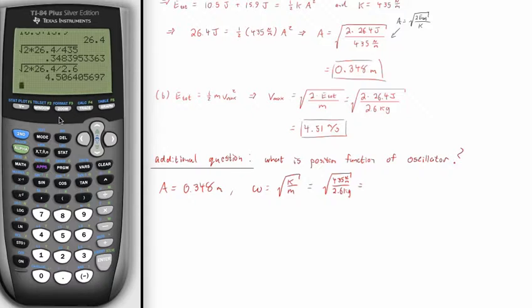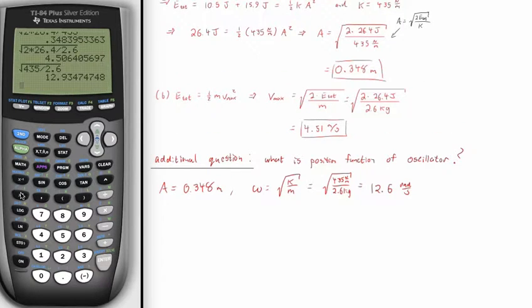So let's go ahead and get a value for that. All right, so 435 divided by 2.6. Okay, so we get 12.9 as our angular frequency, radians per second. So there we go, 12.9 radians per second.